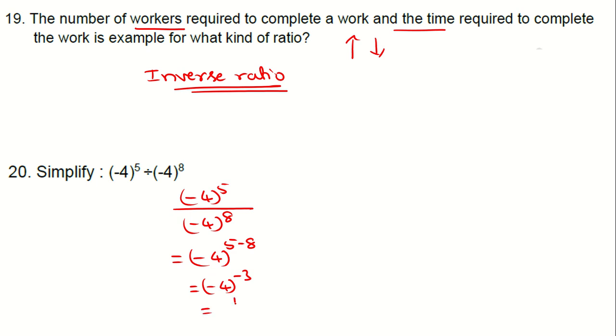So this can be written as 1 divided by minus 4 whole to the power of 3, which becomes minus 4 into minus 4 into minus 4. So that is equal to 1 divided by minus 64, since 4 fours are 16, 16 fours are 64. So minus 1 by 64. This is the answer.